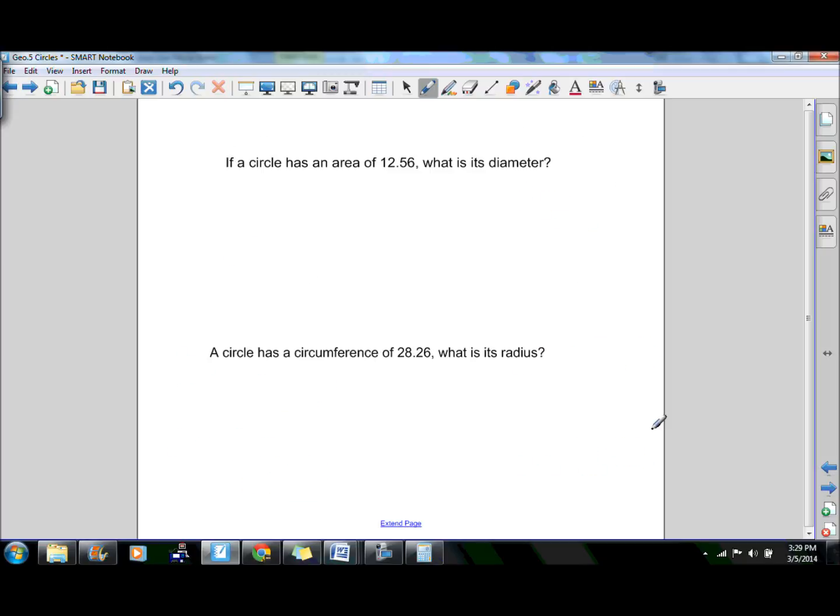So the last section we're working on is the idea of, if we're given an area, can we go backwards? So here, if we're given the area is 12.56, we want to find the diameter. Well, we know that the area of a circle is equal to pi times the radius squared.